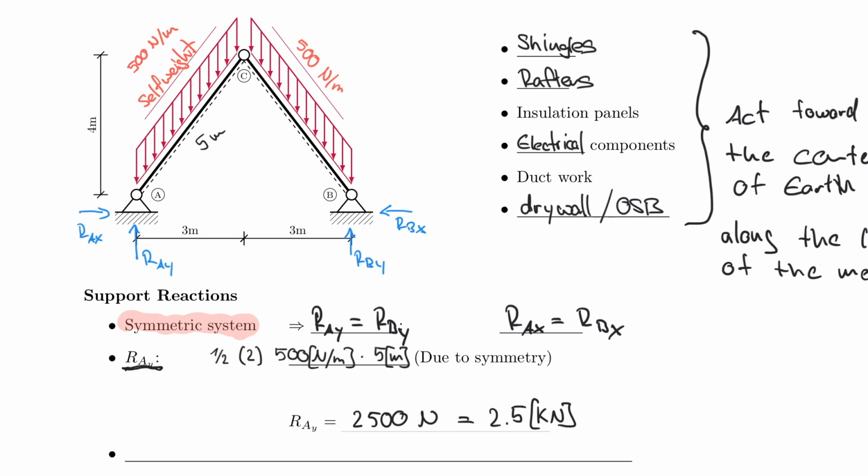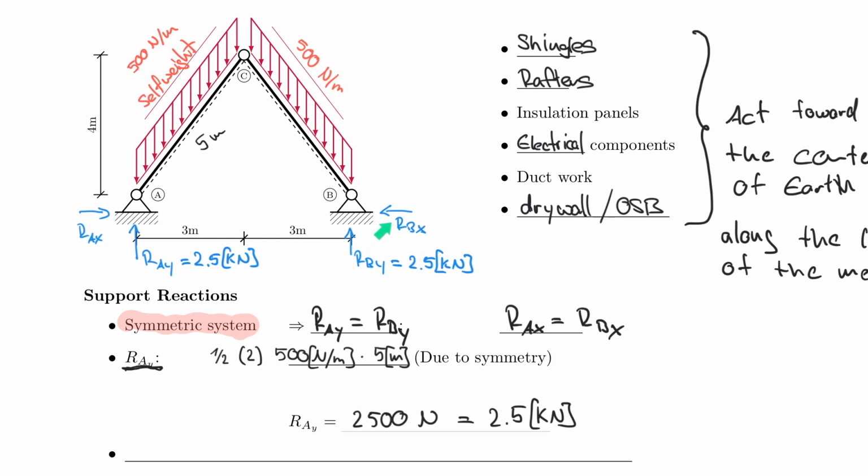So that is a good start because now I know that this one here is 2.5 kilonewton and RBY is also 2.5 kilonewton. But the question now is, how much is RAX and RBX?